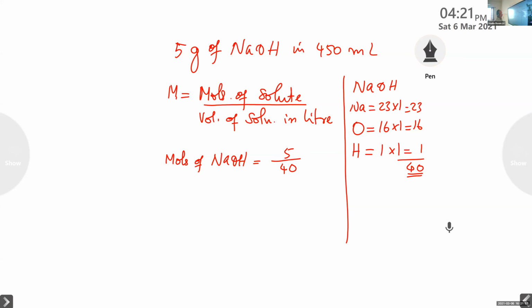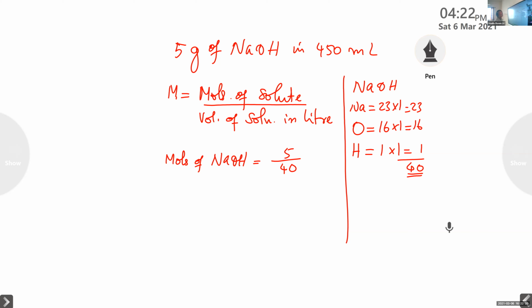So moles of sodium hydroxide is equal to 5 by 40. Can you find it out? Can you try? You simplify. What will be the value? 0.5 by 4, is it not?